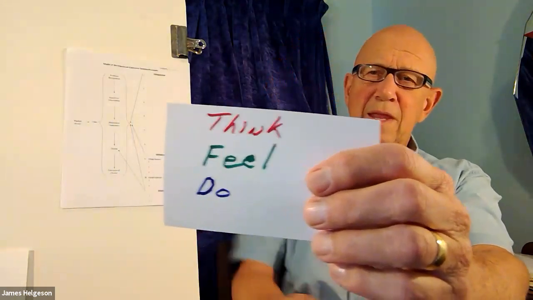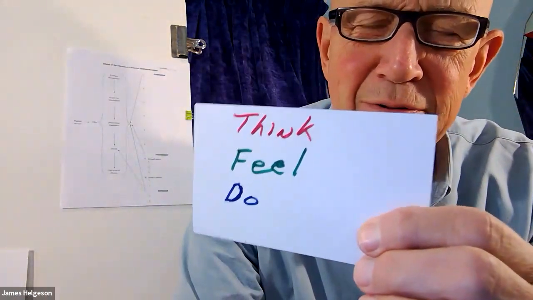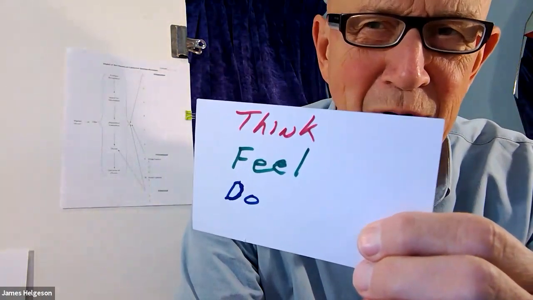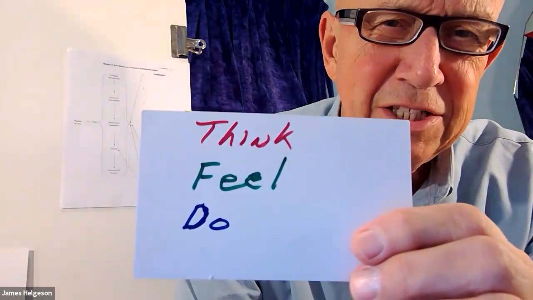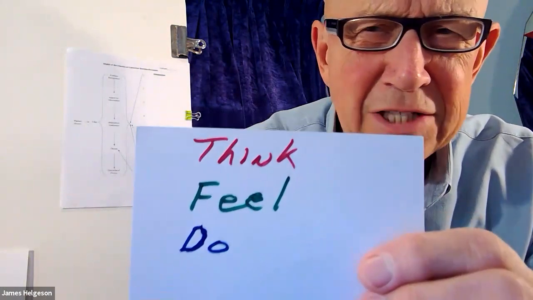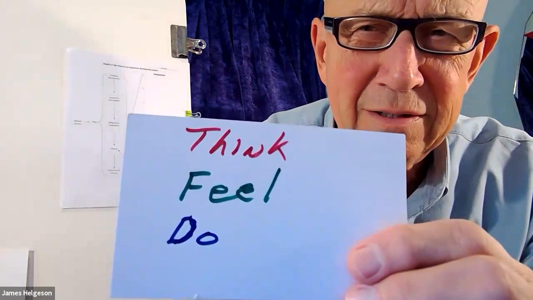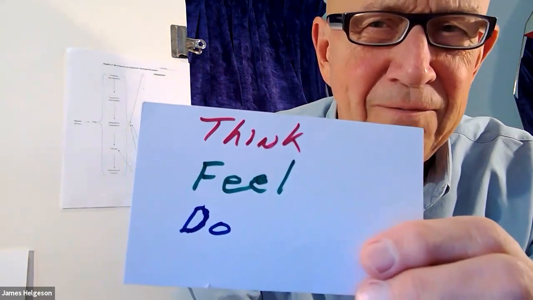If you want to get an assessment of someone's attitude, their viewpoint about something, you probably want to check on these three things. What do they think about it? This is the cognitive, rational stuff, like believing. What do they feel about it?